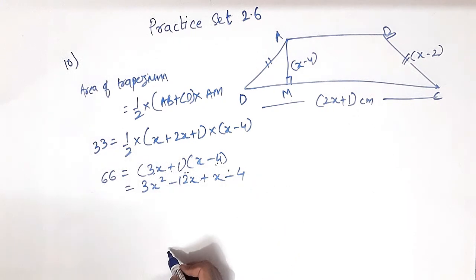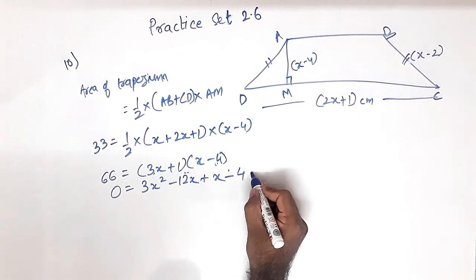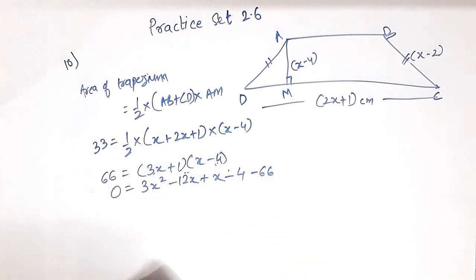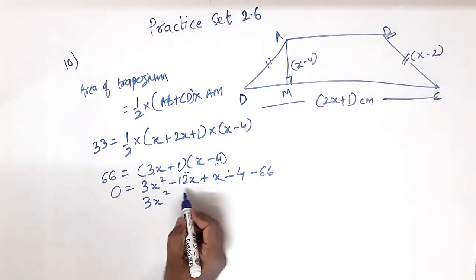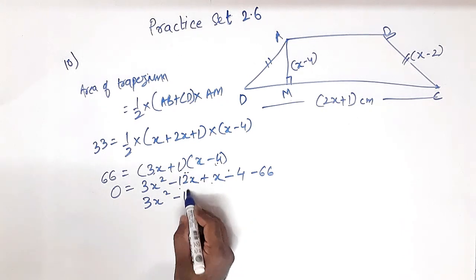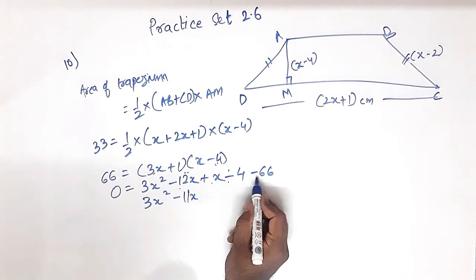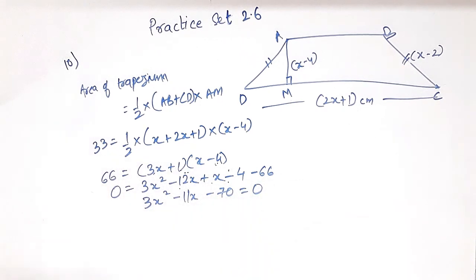I'll bring 66 here, so it becomes minus 66. 0 is here, so I'll write 3x square minus 12x plus x, which is minus 11x, minus 4 minus 66 is minus 70 equals 0.